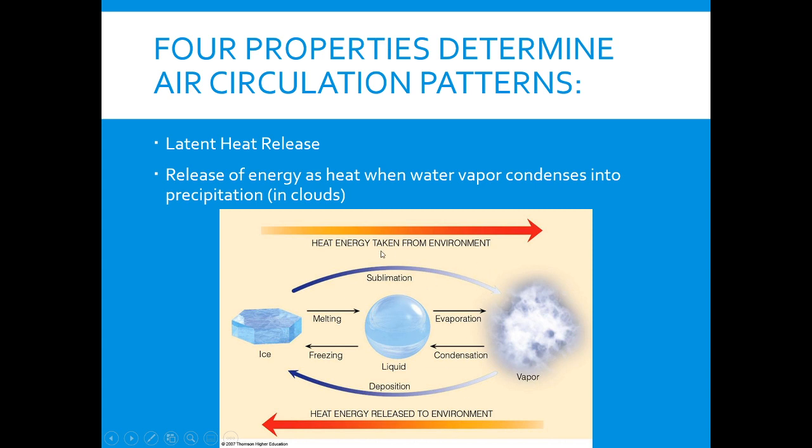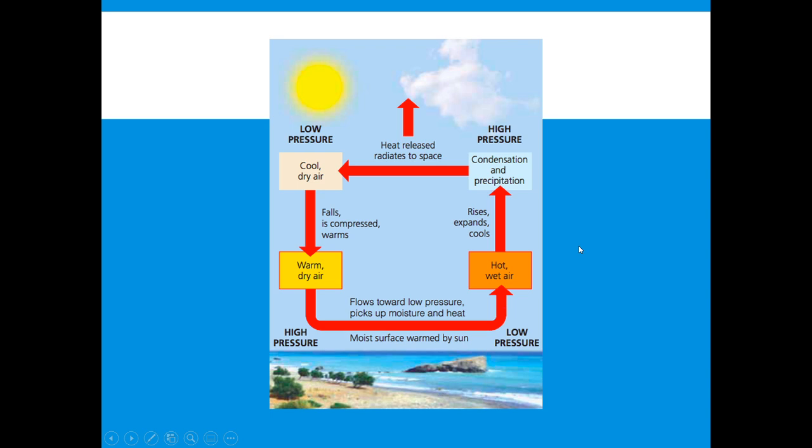In order for sublimation or for melting and then evaporation to occur, you have to have energy coming in, whereas going the other way, heat has to be released. In order to convert a vapor into a liquid or into an ice, it has to release energy. Remember, energy has to go somewhere. It can't just disappear.